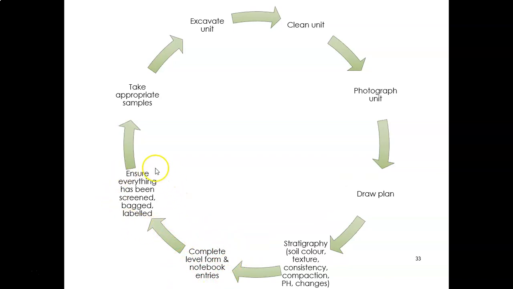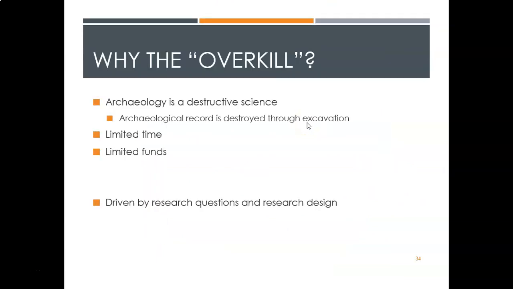We need to make sure that everything we've collected has been screened and bagged and labeled. We might set aside some samples for things like dating. And then we're going to go back into excavating again, unless we have hit sterile deposits, or sediment that no longer has artifacts or ecofacts in it, which tells us that the occupation has potentially ended and we are done. So we're constantly going through this cycle on a day-to-day basis.